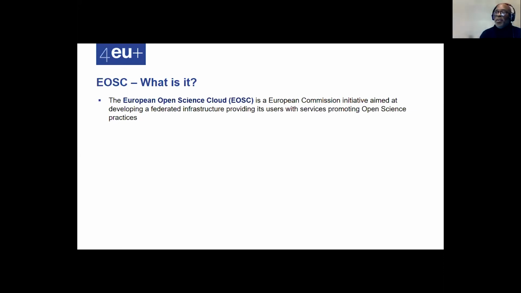It is a European Commission initiative aimed at developing a federated infrastructure for providing its users with services designed to promote open science practices.